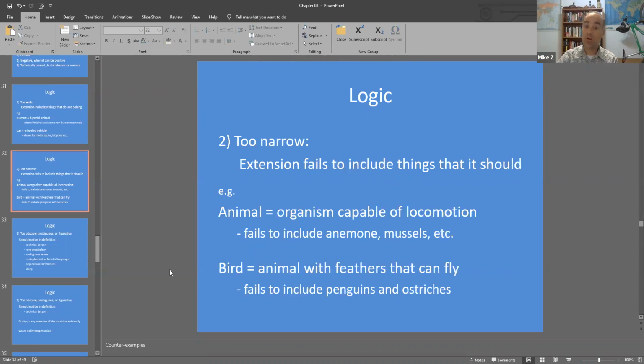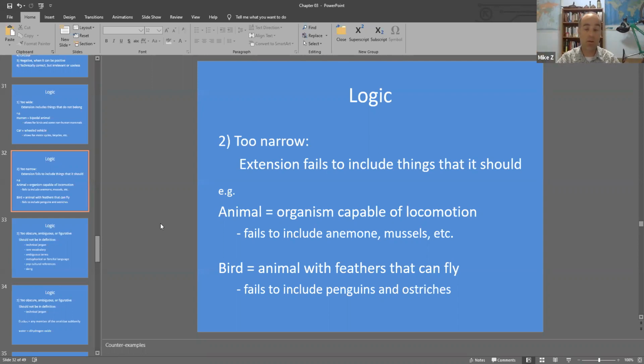Okay, so too narrow goes the other direction. It picks out an extension that's too small. It leaves out things that should be included in the extension of this term. So let's say that you're trying to define what it is to be an animal. You're thinking about animals, and you think about birds, and fish, and horses and people and dogs and so on, and they're flying and swimming and running and all this stuff.